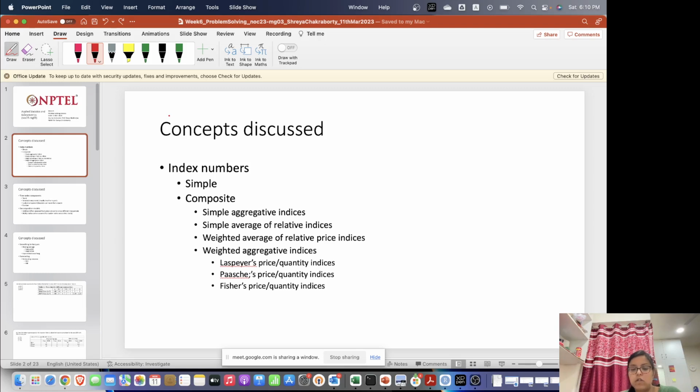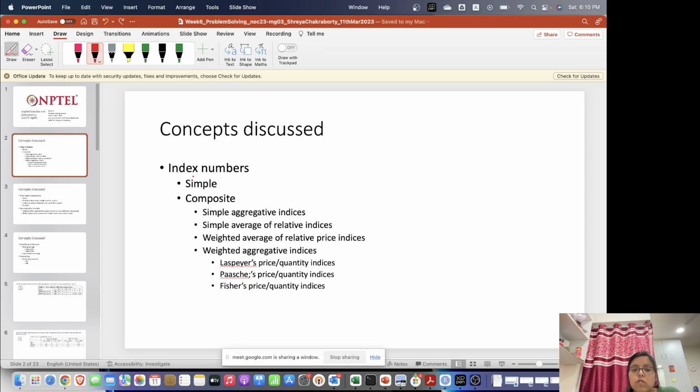Because of those reasons, like inflation and deflation, we have to adjust our calculations according to the rate or the current economic status of a country or a place. So for those reasons, it's very important to study index numbers.